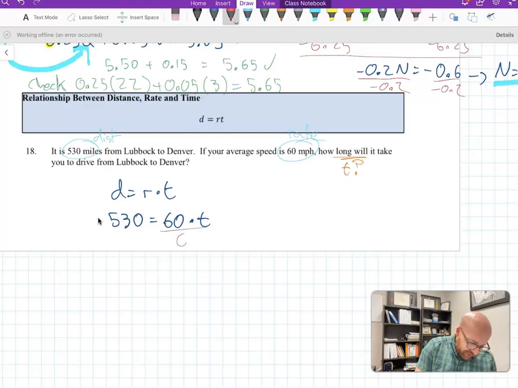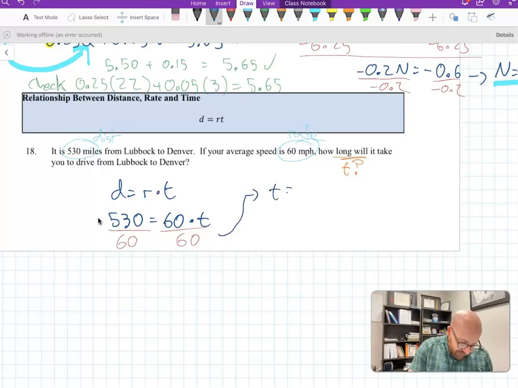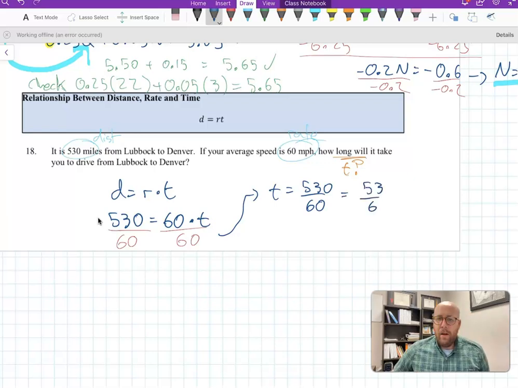We divide both sides by 60. And that is going to tell us that T is equal to 530 divided by 60, or 53 over 6.